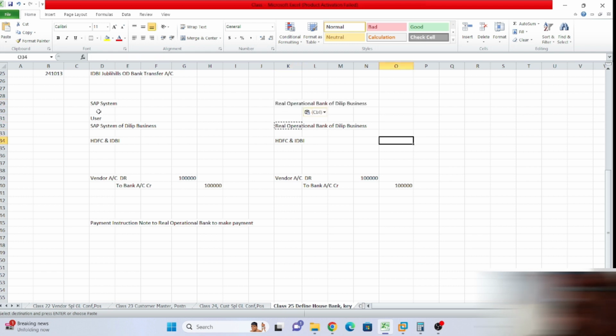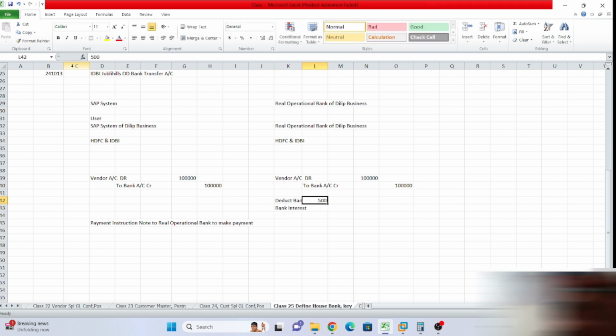See, sometimes they will deduct some bank charges, suppose 500 or whatever amount. They will provide some bank interest.